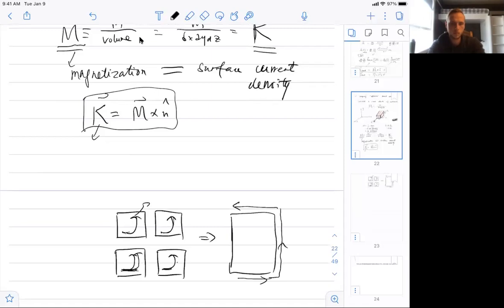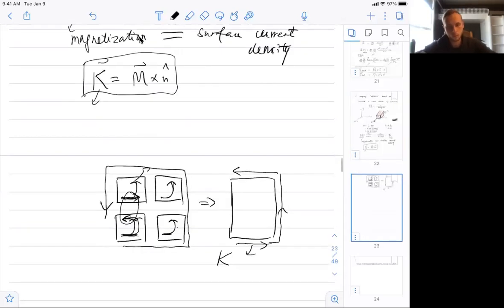In between them, they cancel, because this one is to the left and this one to the right, this one to the left. Inside they cancel, but overall on the surface, it does not cancel. So overall, you end up with this bound surface current.